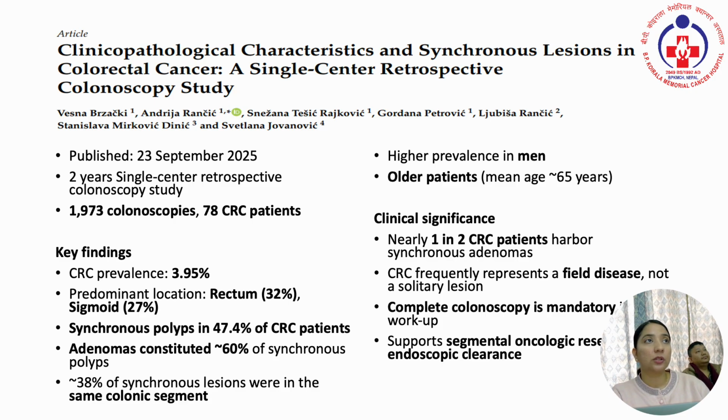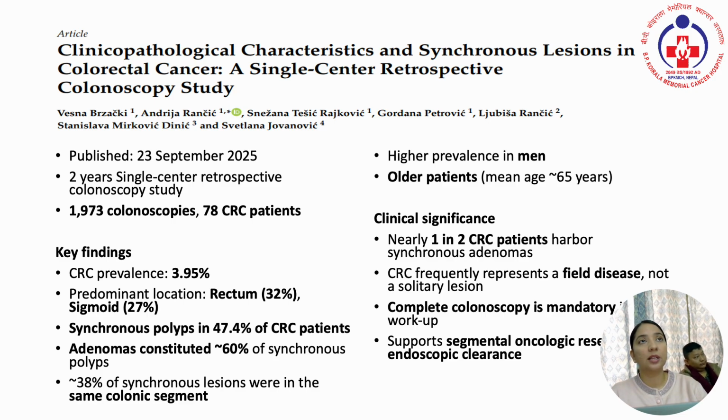It showed colorectal carcinoma prevalence in about 4% of cases, and the predominant locations were rectum and sigmoid, and synchronous polyps were present in about 47.4% of colorectal cancer patients, and adenomas constituted 60% of synchronous polyps, and 38% of the synchronous lesions were usually in the same colonic segment, either left or right, and there was higher prevalence in male cases and in older patients with a mean age of 65 years.